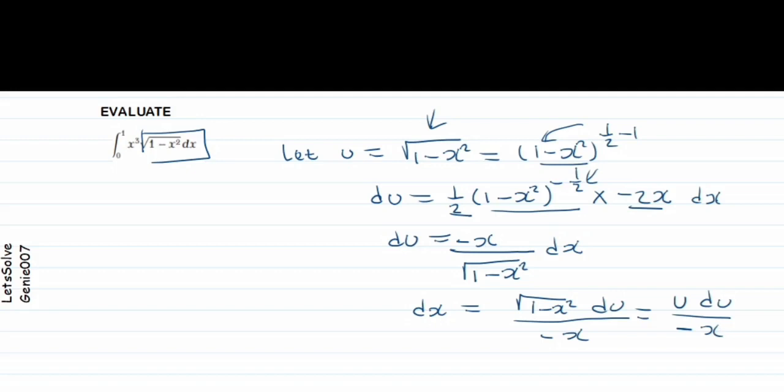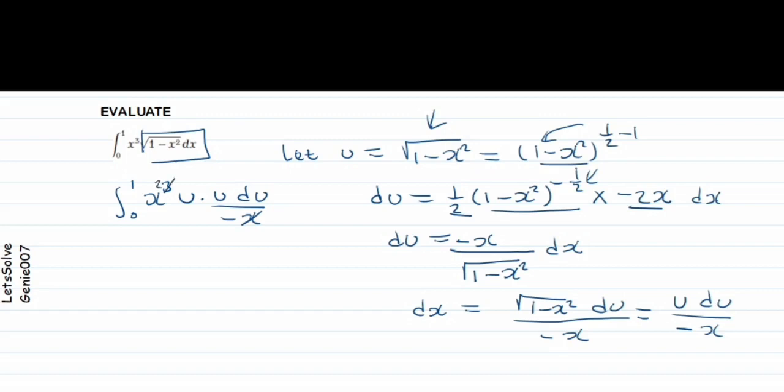So replacing this into our integral, we're going to have the integral from 0 to 1 of x cubed. We have a u here, where there is the square root of 1 minus x squared, multiplied by the dx that we have, which is u du over negative x. With this, we can cancel out one x here and one x here.